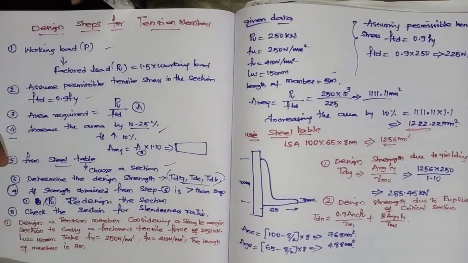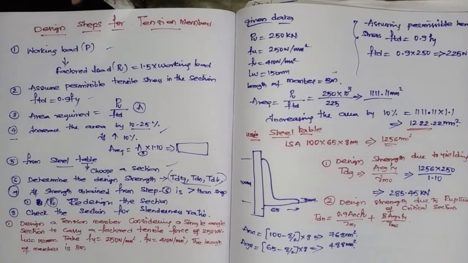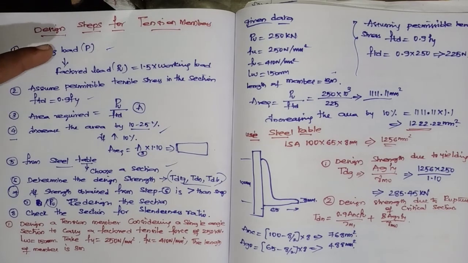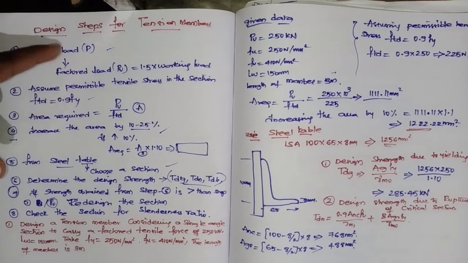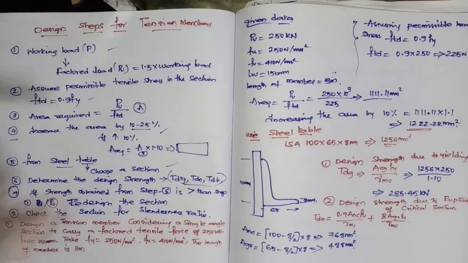Next, see here, these are the design steps for a tension member. First you take the load. If it is a factored load, go to the second step. If it is not a factored load, multiply it by 1.5 and you will get the factored load.